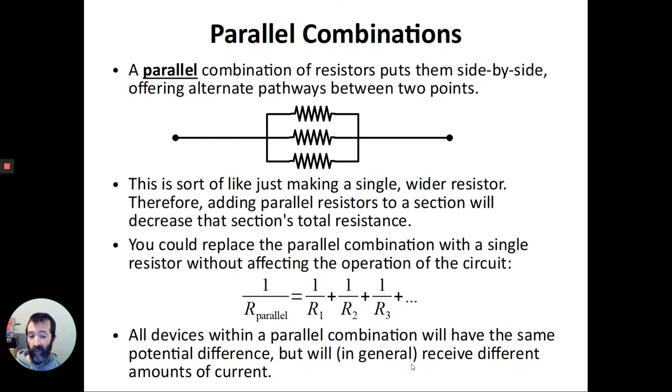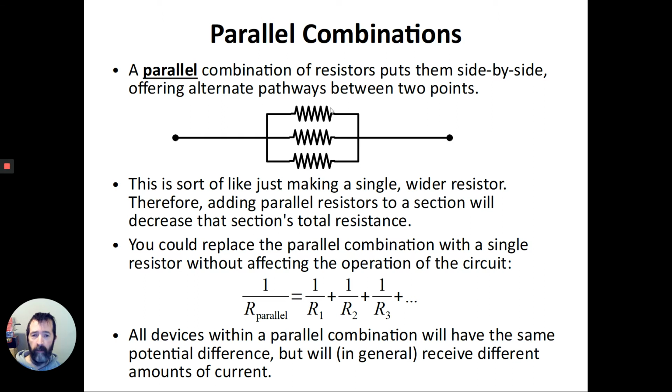But again, in general, they're not going to have the same amount of current flowing through them. If they happen to be identical, then sure. Whatever current comes in, it's going to split equally among the different pathways. But if the resistors aren't identical to each other, you're going to get different amounts of current depending on how easy it is to flow.